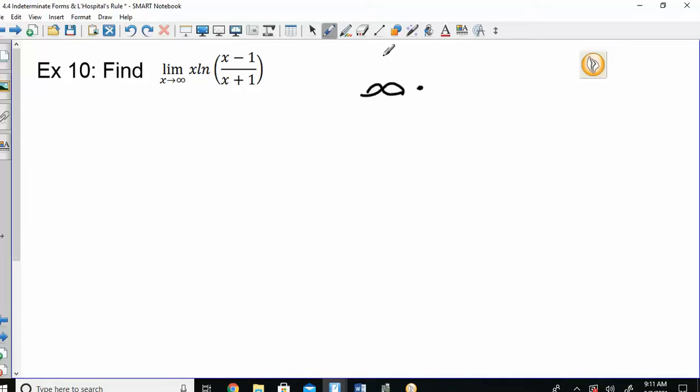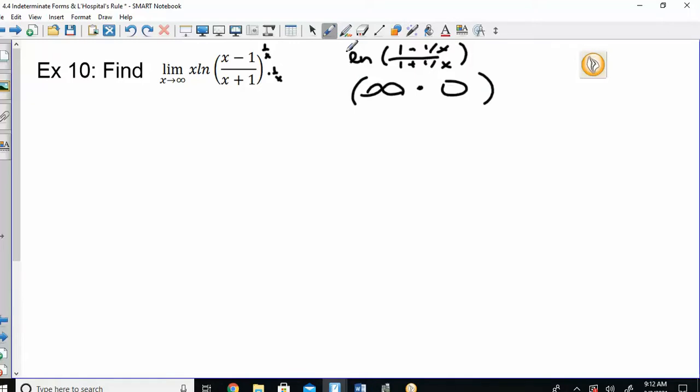Remember, like on the last test, we would take it times 1 over x. So that would be the natural log of (1 minus 1 over x) over (1 plus 1 over x). As x goes to infinity, you have the natural log of 1, which is 0. So this is currently infinity times 0.